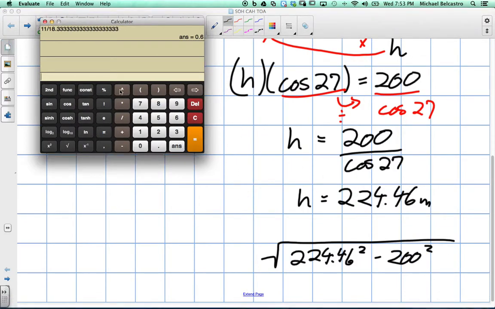Hopefully we can do that. Maybe you'll beat me to it. Big negative? Shouldn't be. So let's try this again.